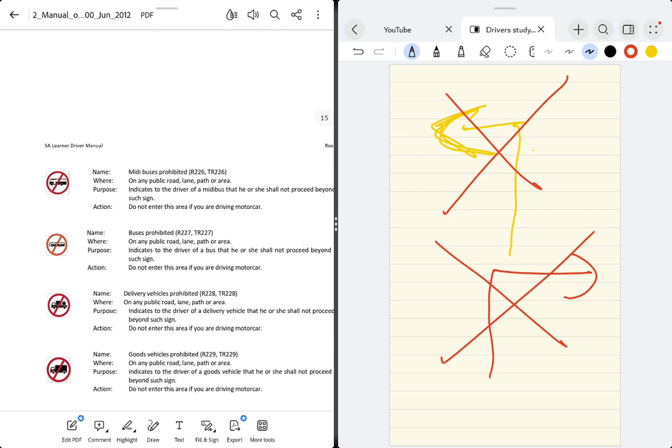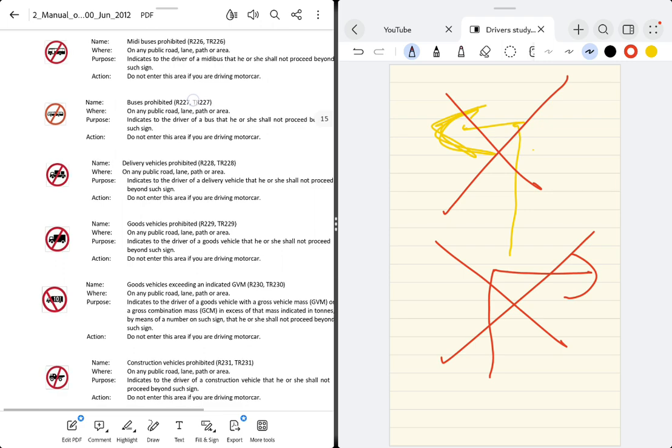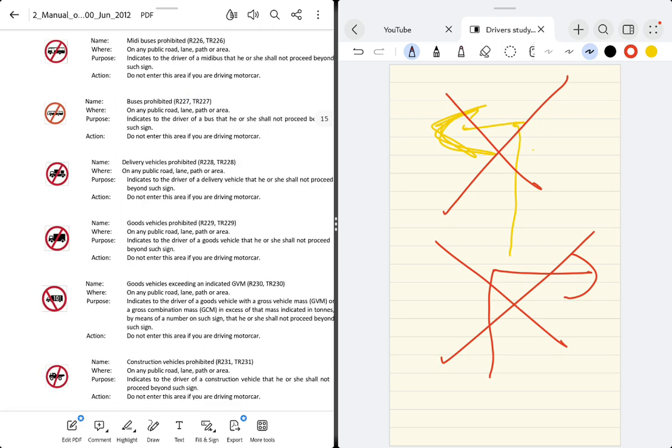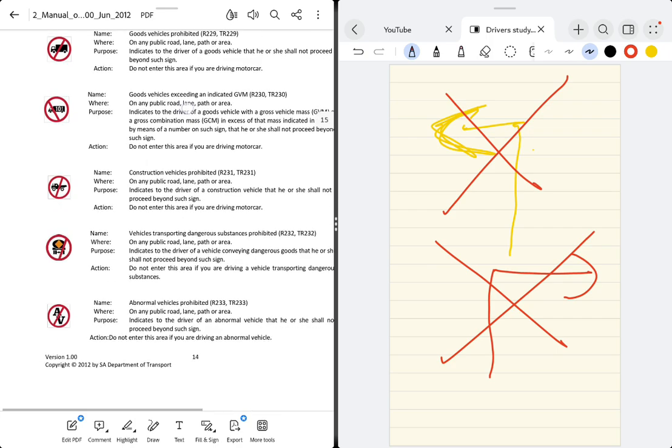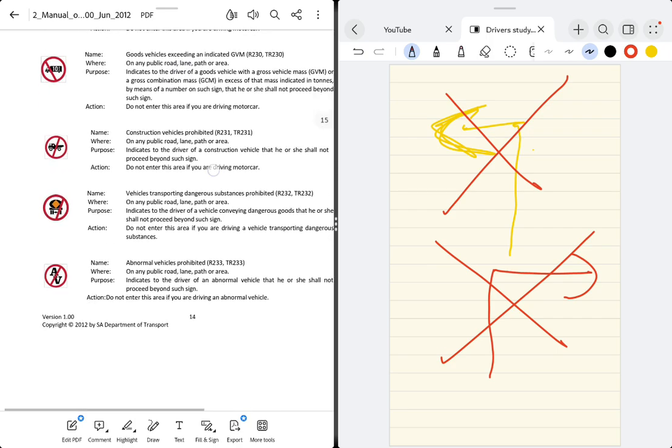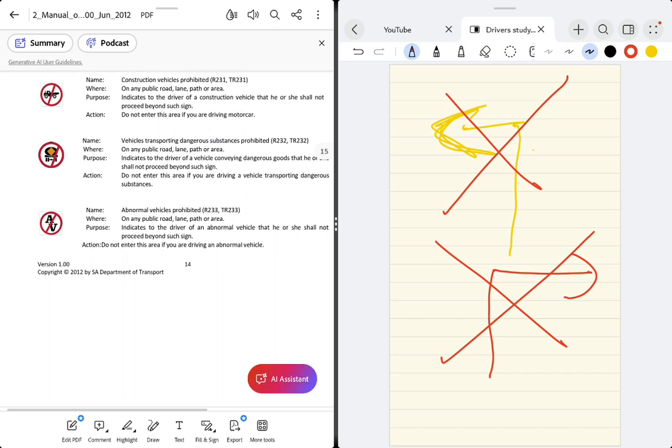Minibuses, look at the window, prohibited. Buses, prohibited. Delivery vehicle, prohibited. Goods vehicle, prohibited. 10 tons, anything exceeding that, prohibited. Construction vehicle, prohibited. Vehicle transporting dangerous substances, prohibited.